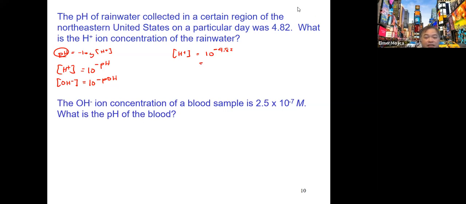Now, for a pH value, ang significant figures mo ay yung number of digits after the decimal points. So how many number do you have after the decimal points here? Dalawa. So that means the final answer should be written as 1.5 times 10 to the negative 5. Yun yung rule.